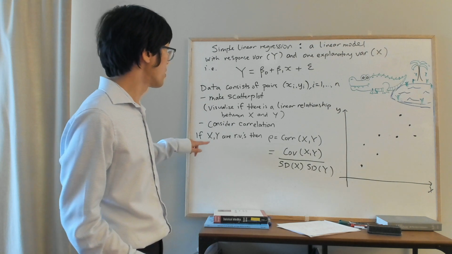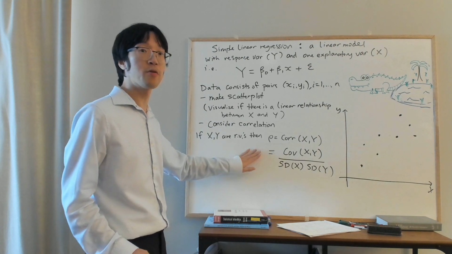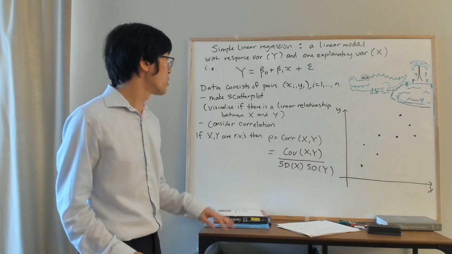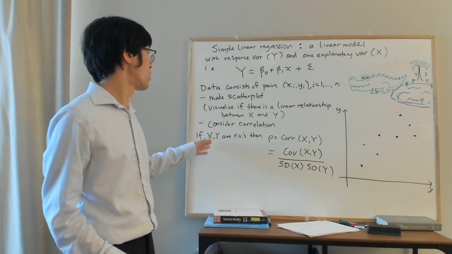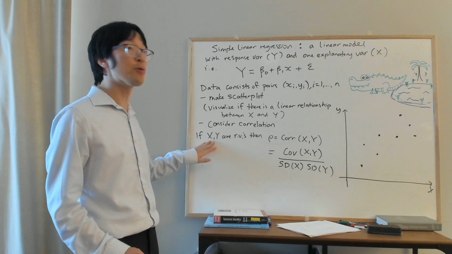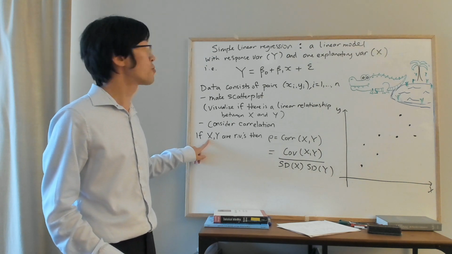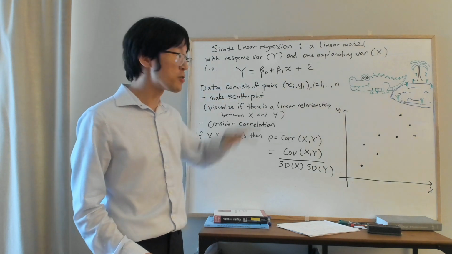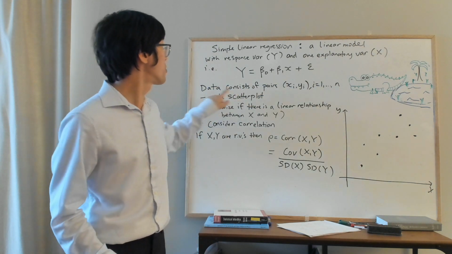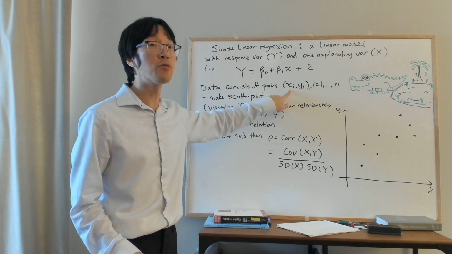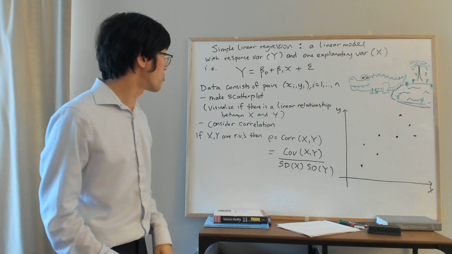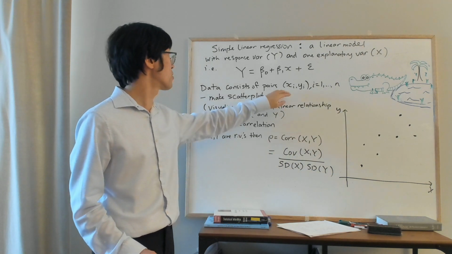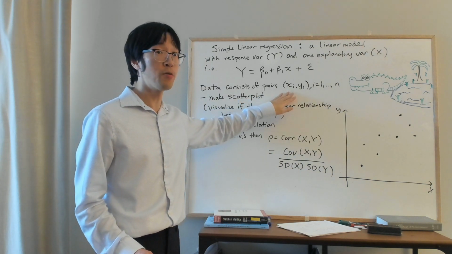This is the formula we learned in probability when x and y are random variables. In this case, we don't have random variables for x. We're going to treat x's as constants in the regression, but nonetheless, we're going to have data consisting of pairs in x and y. So we can still calculate the sample correlation from our paired data.